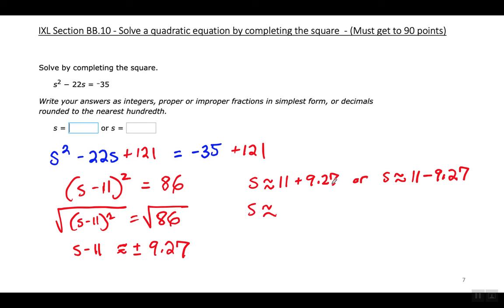Alright, so for the first one, when I simplify that, it's going to be s is approximately 20.27, or s is approximately 1.73. So those are my two answers. Okay, 20.27, or s is approximately 1.73.